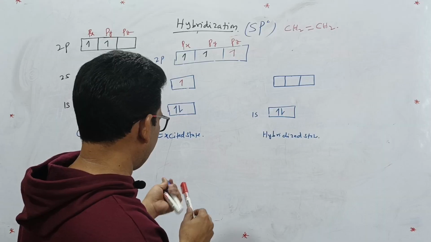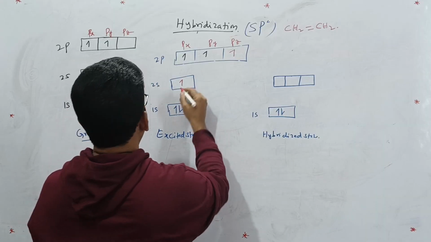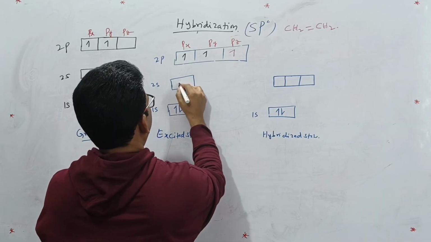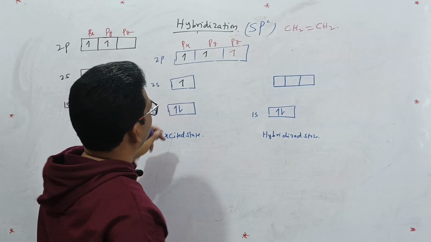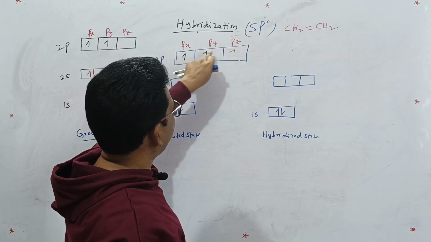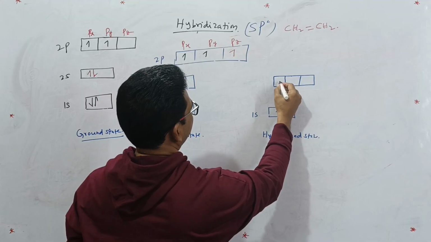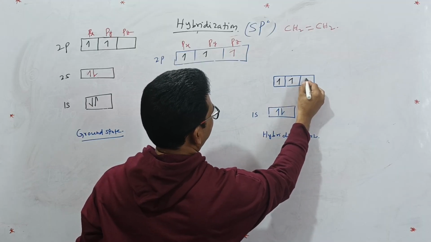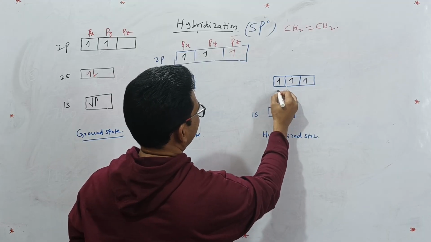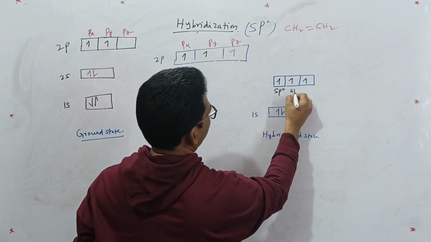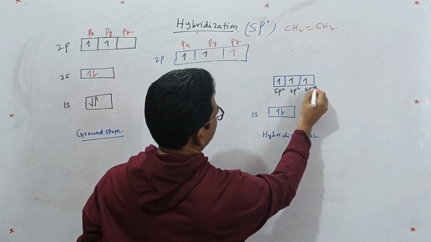Now what happens exactly is that all these three, one from the 2s and two from the px and py, are mixing together. See here, 1 1 1. What is this? sp2 sp2 sp2.